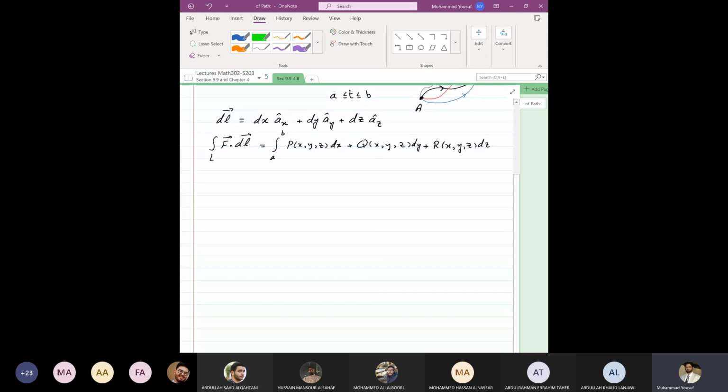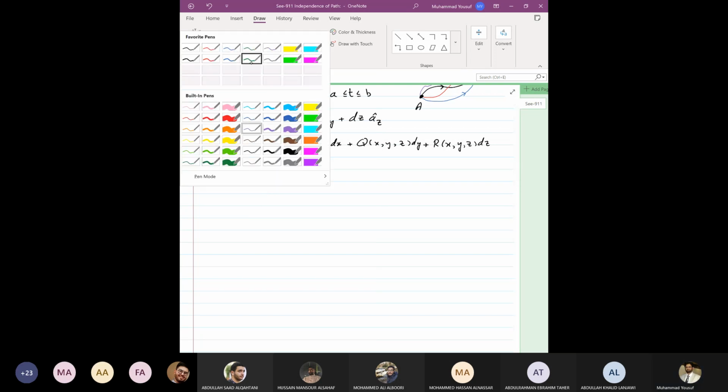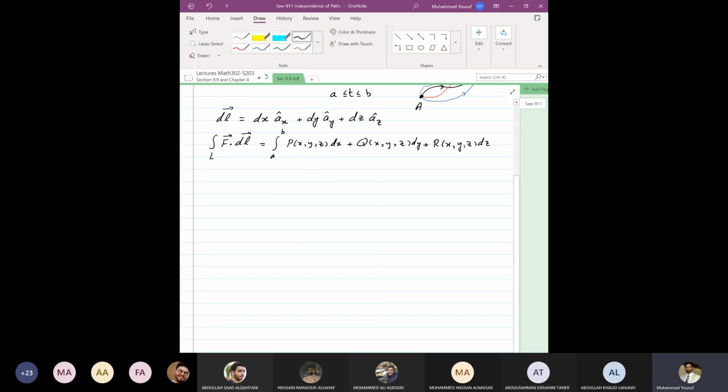Now this idea is similar to, if you remember from your calculus, that a definite integral from a to b of f of x dx is equal to F of b minus F of a, where capital F is the antiderivative of small f.